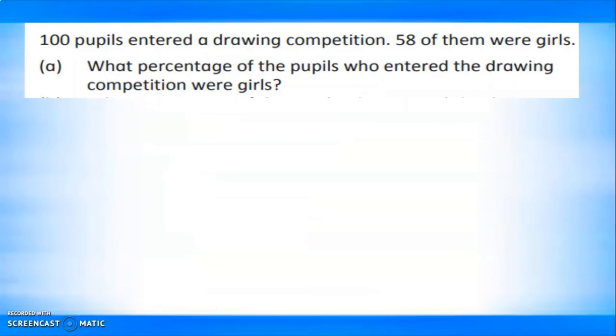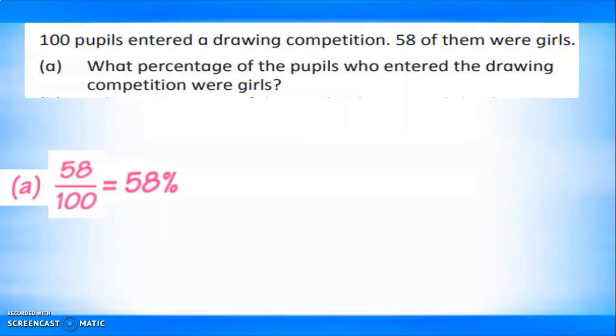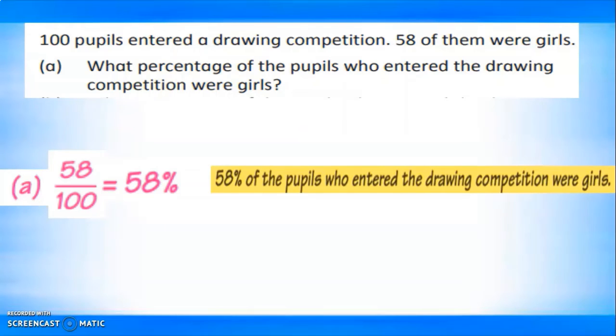Another example, 100 pupils entered a drawing competition. 58 of them were girls. First question, what percentage of the pupils who entered the drawing competition were girls? Girls, we have 58. 58 out of 100 is 58 over 100. How many percent? Very good, 58%. So 58% of the pupils were girls.